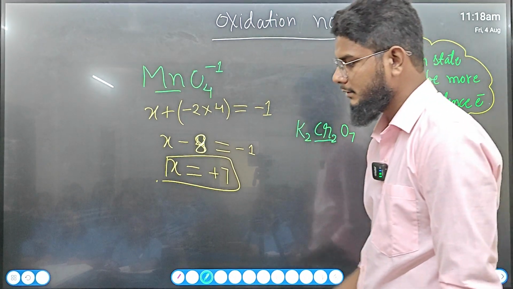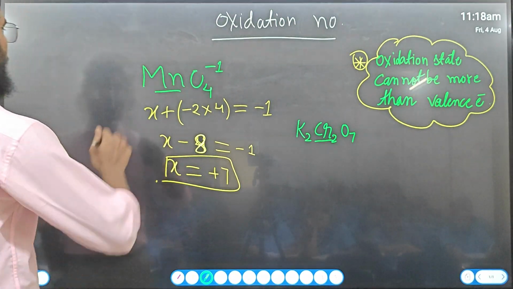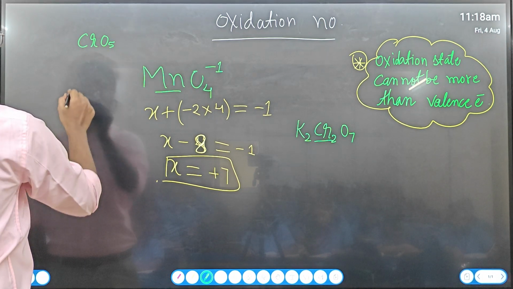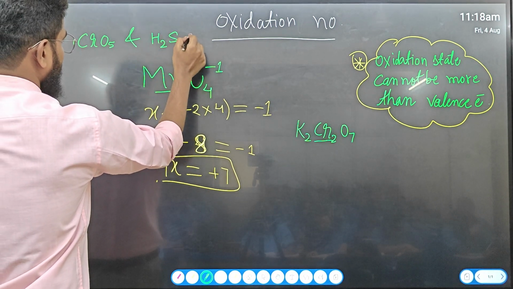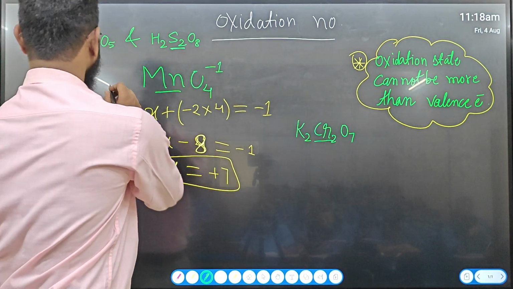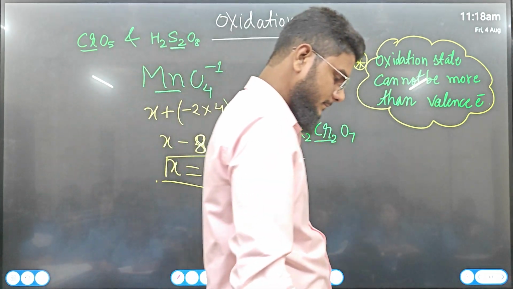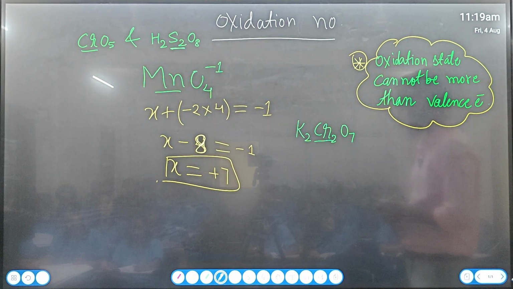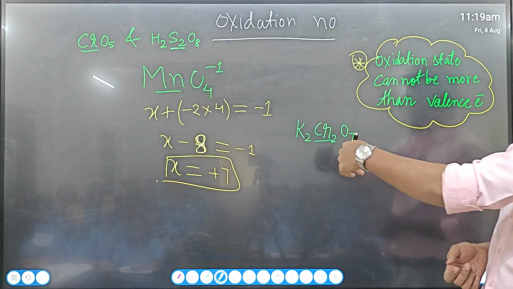Try this one, and try CrO5, and one more, H2S2O8. Find the oxidation state of these.